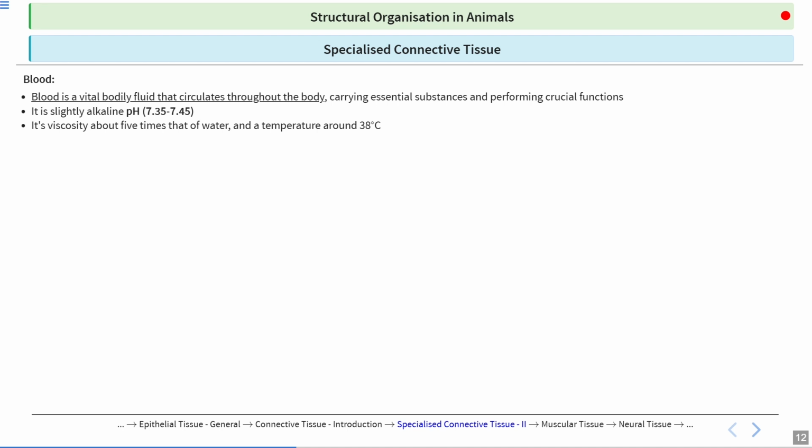How much viscous? 5 times that of water. It is a comparison, right? And this is at a temperature of 38 degrees centigrade, because viscosity changes with the change of temperature. So it is taken at 38 degrees centigrade, and at that temperature our blood is 5 times more viscous than water.